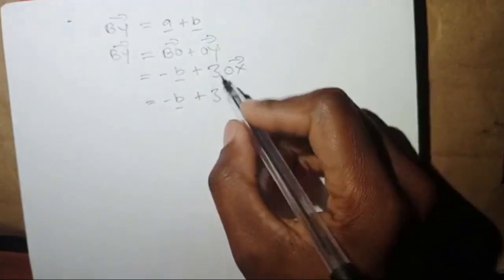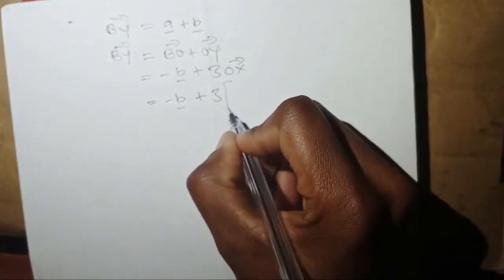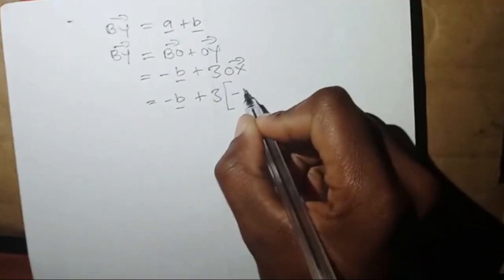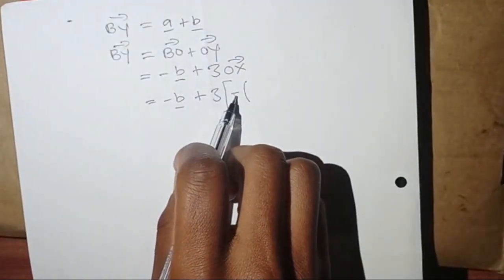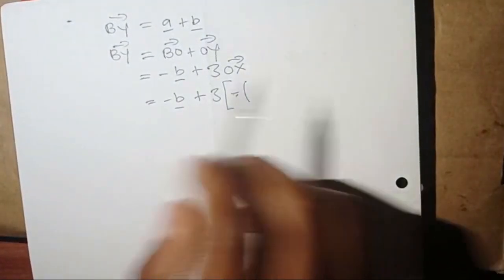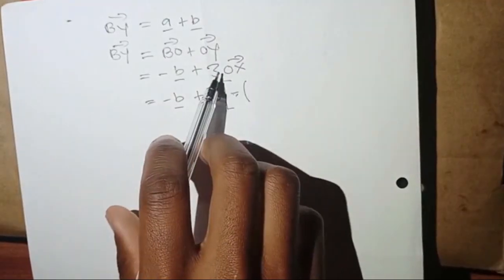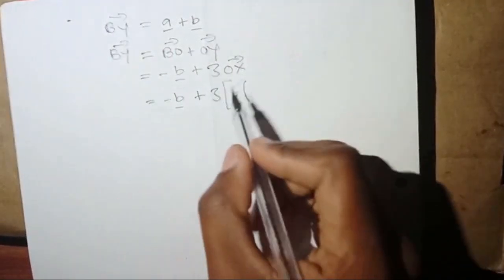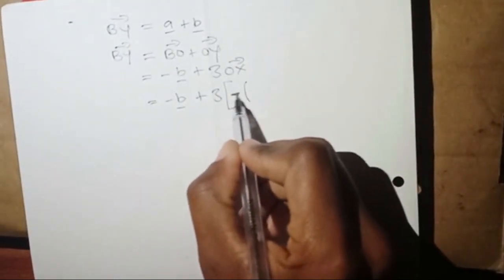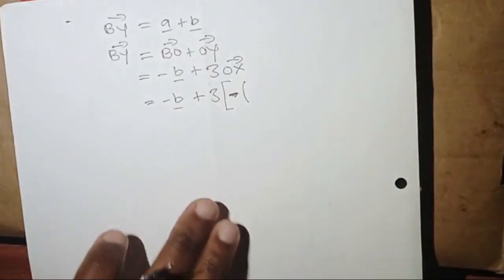So OX is going to be minus, then we use brackets, XO. The answer we have is XO, but since here they are requiring us to find OX, we need to add the minus to show that we are moving in the opposite direction.